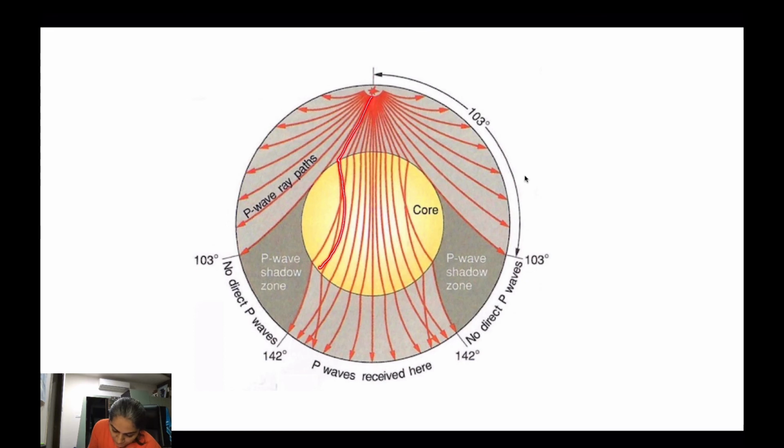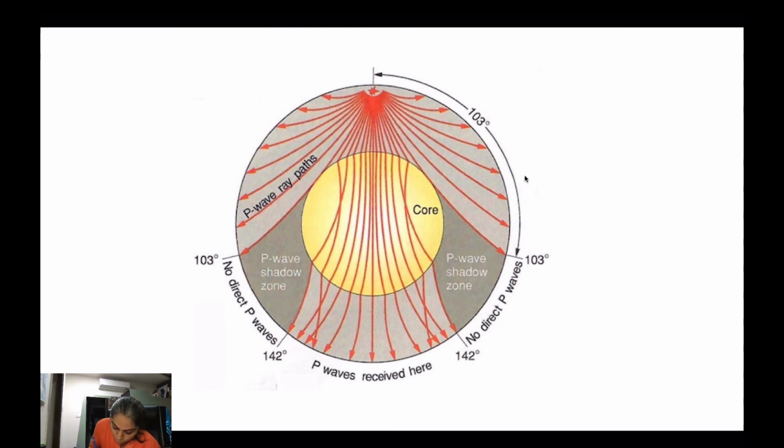On the outer core, since it is liquid, it changed its direction, and again in the inner core, since it was solid, it changed its direction, and again while going from inner core to outer core, and then from outer core to the mantle, it changed its direction. So there was a lot of refraction, which is why this part is considered to be the shadow zone of the P wave, because it didn't reach this part.